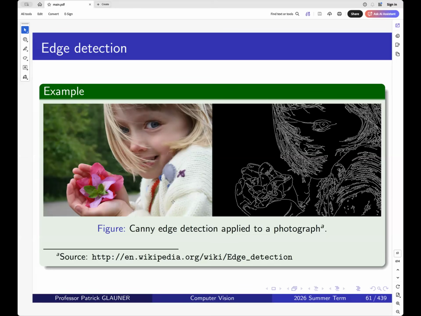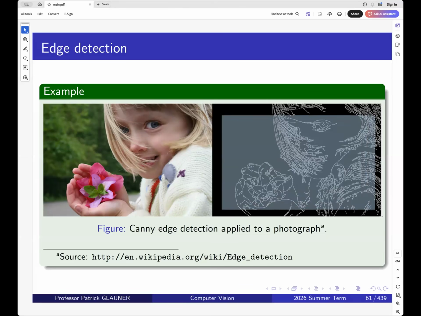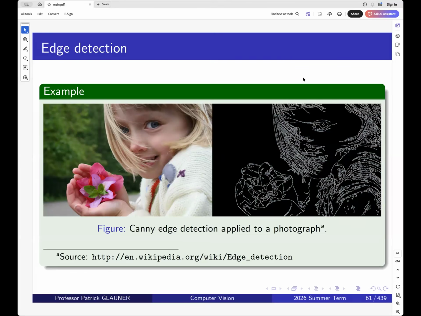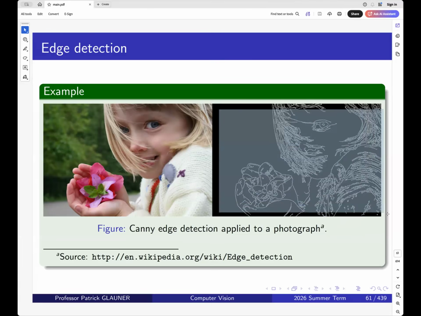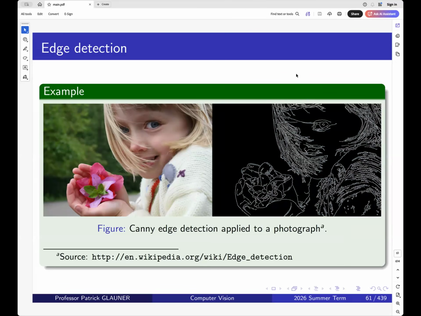Do you think this example of edge detection, or the result, is fine? Maybe you can tell us, and you're always welcome to turn on your mic to tell us where you agree with the edge detection, where you think it gave us good results, but also maybe where some important property was missing. What about the background?